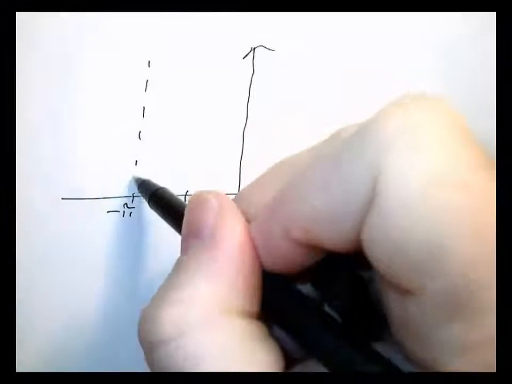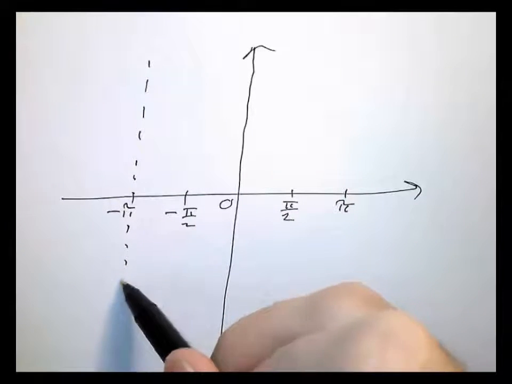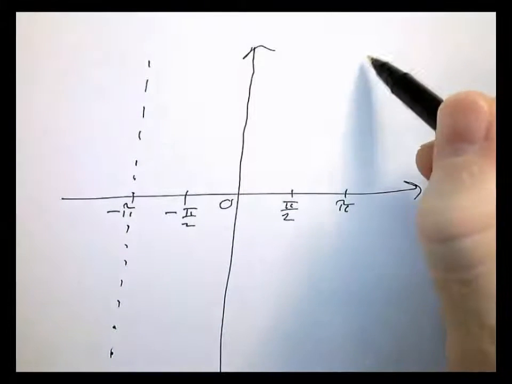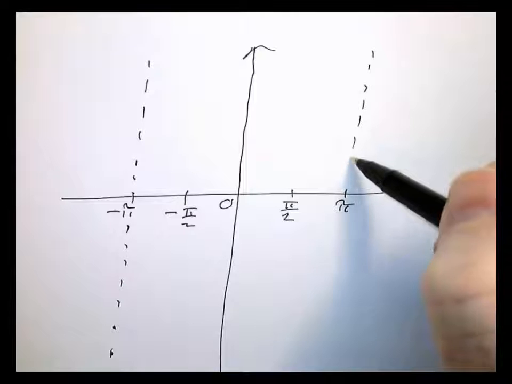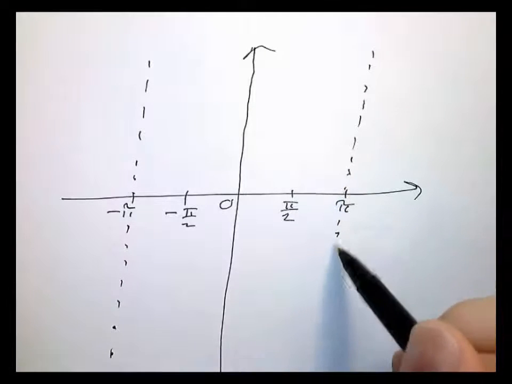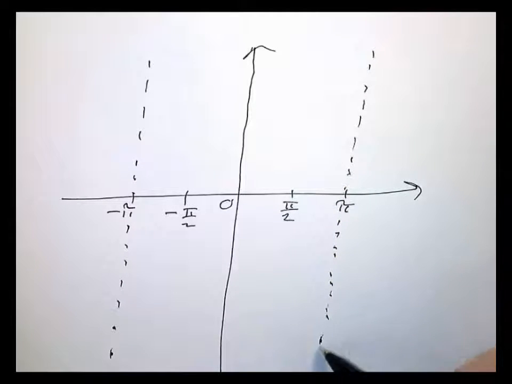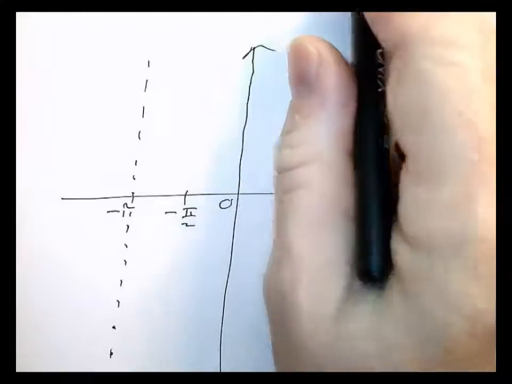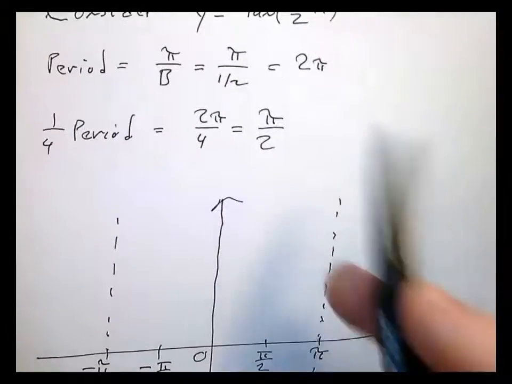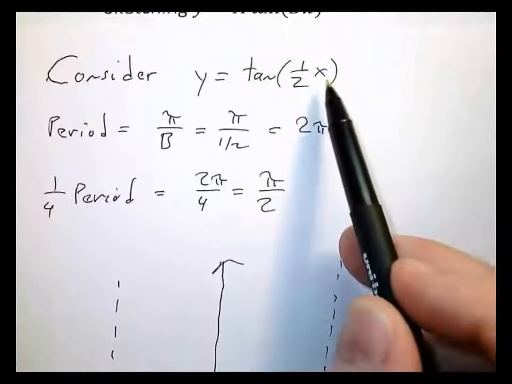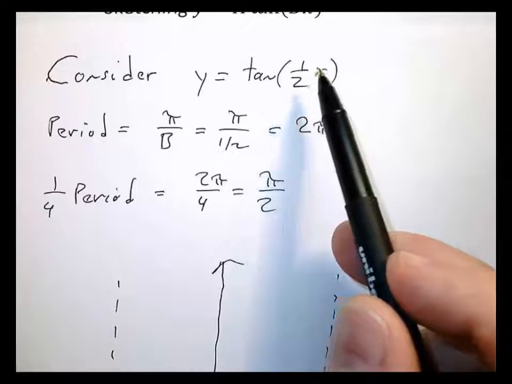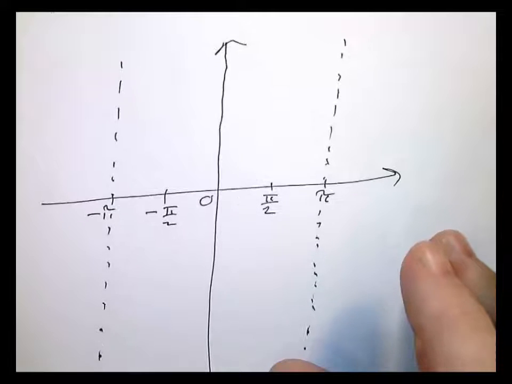And what you might notice here is that on these extrema, we're going to be in trouble at pi and negative pi, because tangent of pi over 2 is undefined, and near it we have vertical asymptotes.